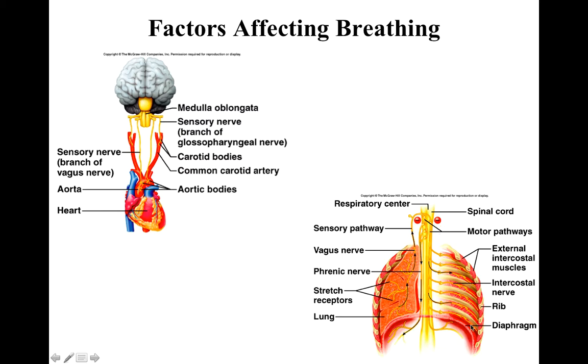In A&P 1, we did talk about the motor impulses and the contraction of the diaphragm. But when these centers register high levels of CO2, they're going to cause the diaphragm to contract, so we can breathe more.